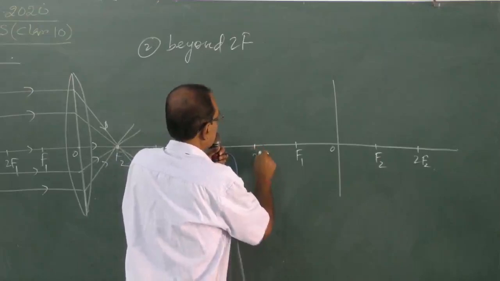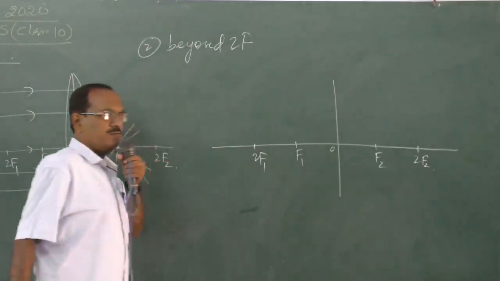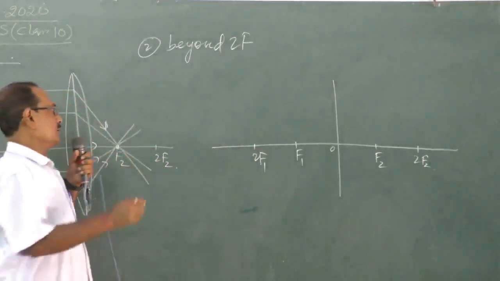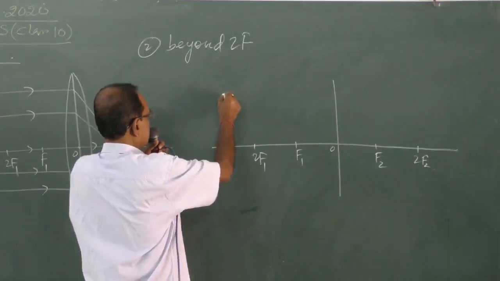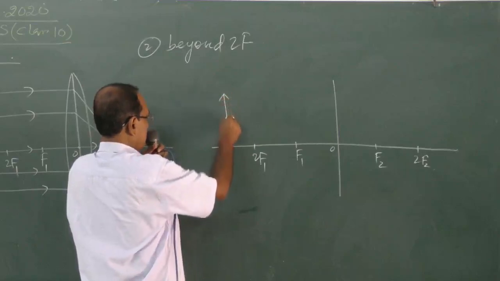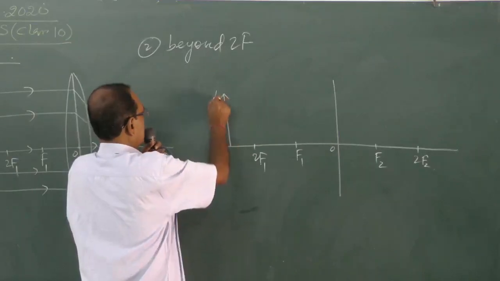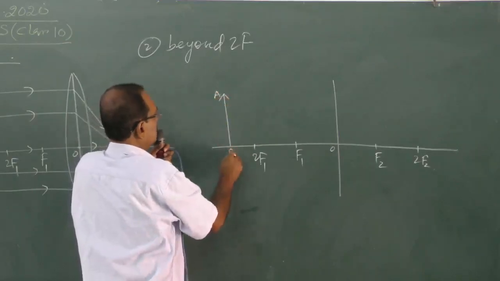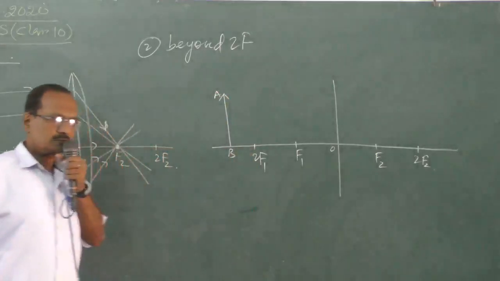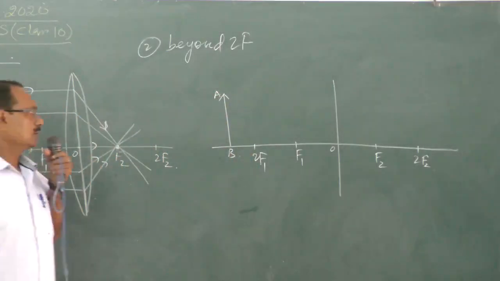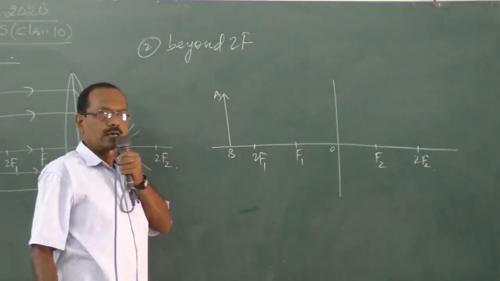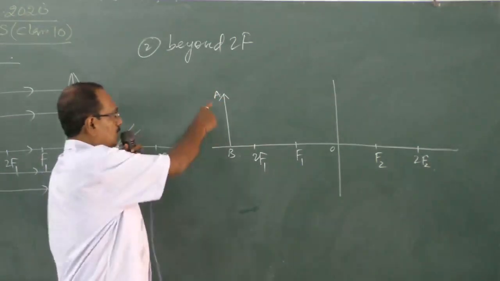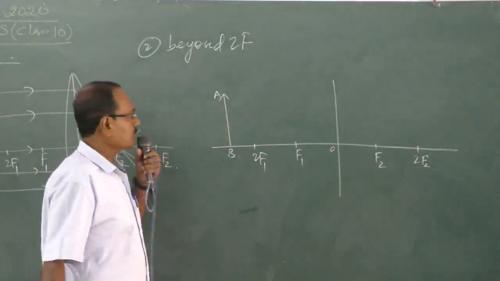Now the object is kept beyond 2F. A perpendicular line you have to draw with an arrowhead.